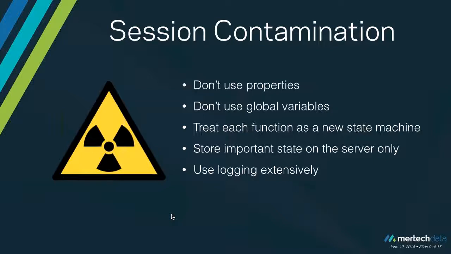The way we avoid session contamination is really to treat each and every function as if it is a new state machine. So if we have various items in our function that depend on the state of various other items, the beginning of each function begins with something that essentially resets all of those variables, properties, if we have to use them.